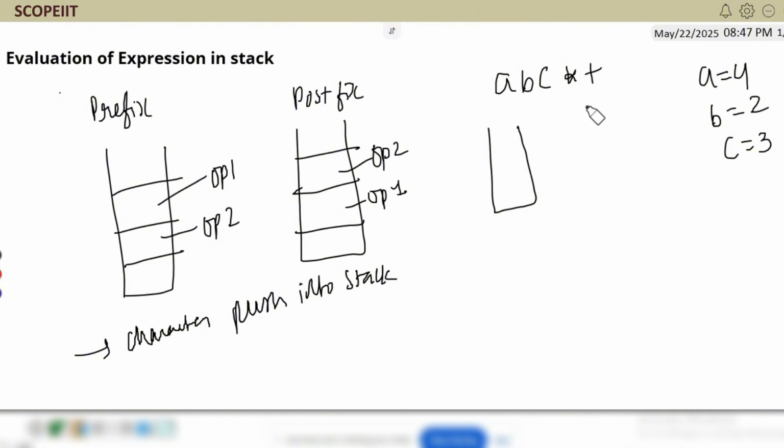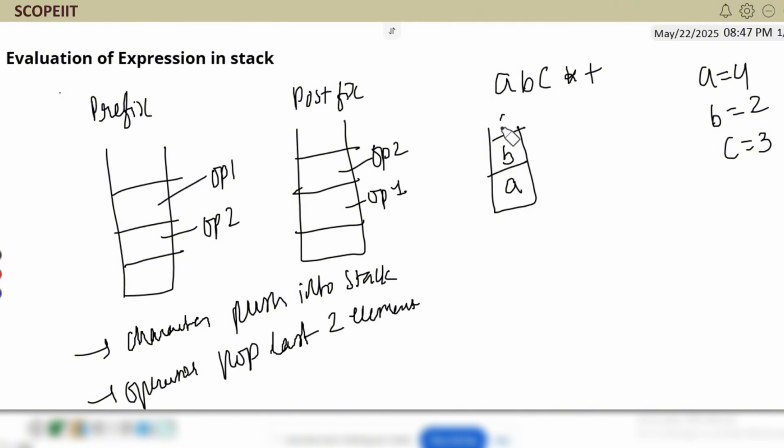And whenever there is an operator, pop the last two elements. Now, the first is a character, push it into the stack. The second is also a character, push it. The third is also a character, push it. After that, what is the next one? Operator. Whenever it is an operator, we pop the last two.